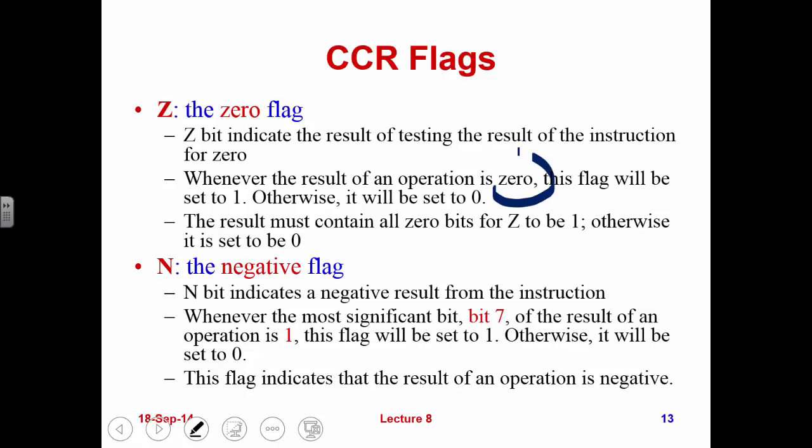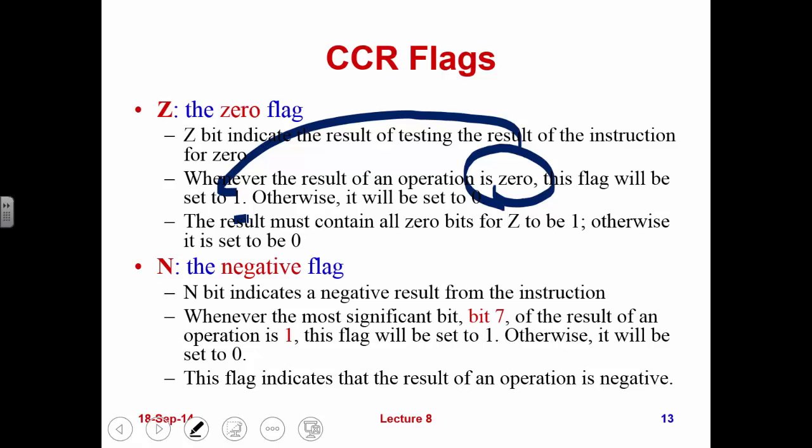If the result is 0, we need to make Z to be 1 to tell people that our operation produced a resulting value of 0. So if the value is 0, Z is 1. If the value is not 0, Z is 0. 1 means it happened.